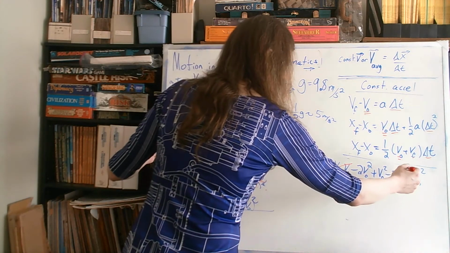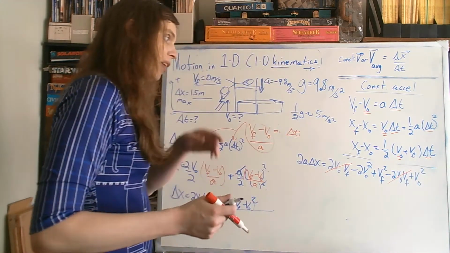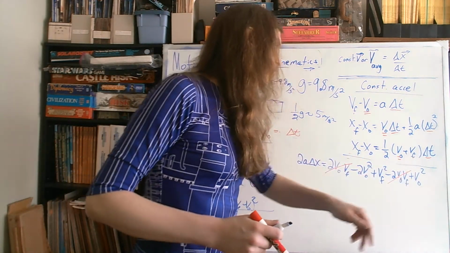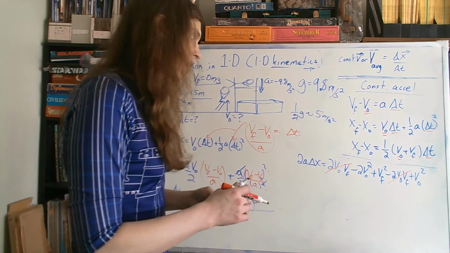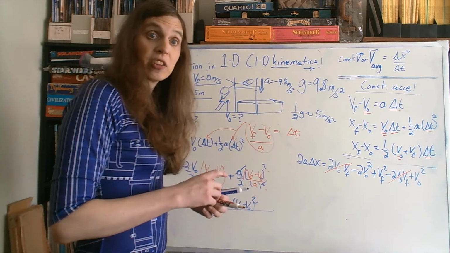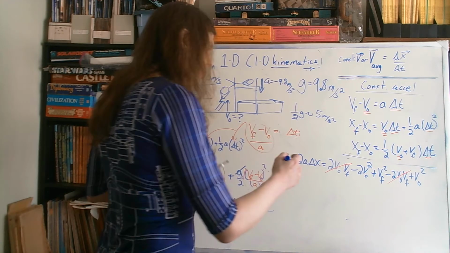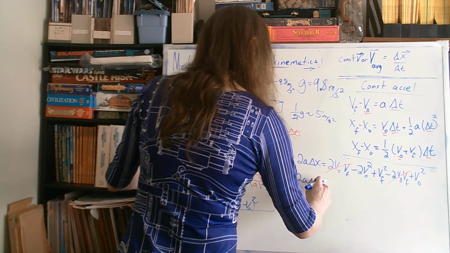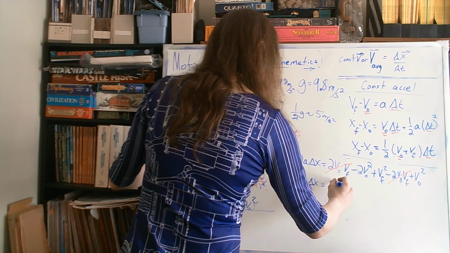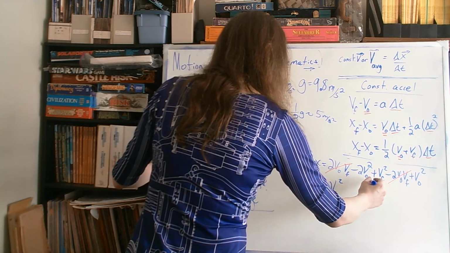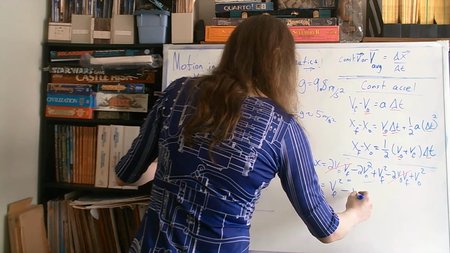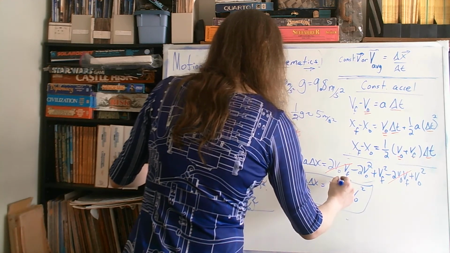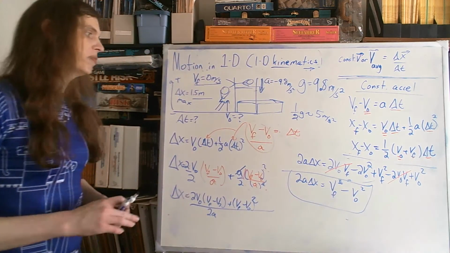They cancel. And we have negative 2v0 squared here, but positive 1v0 squared there, which add together to equal negative v0 squared. So we're left with 2a delta x equals v final squared minus v0 squared. This is our keeper equation.